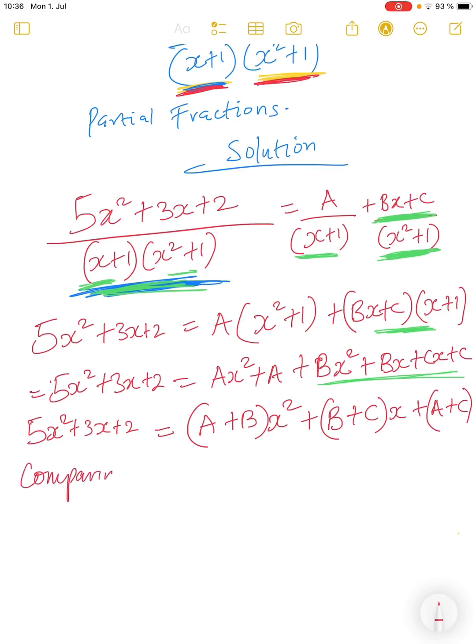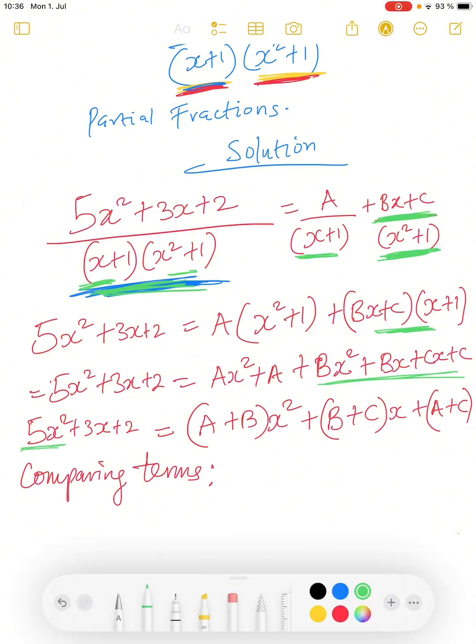So comparing terms, if we compare terms, the coefficient of x squared is 5 and the coefficient of x squared here is a plus b. Therefore, we can say that 5 is equal to a plus b.